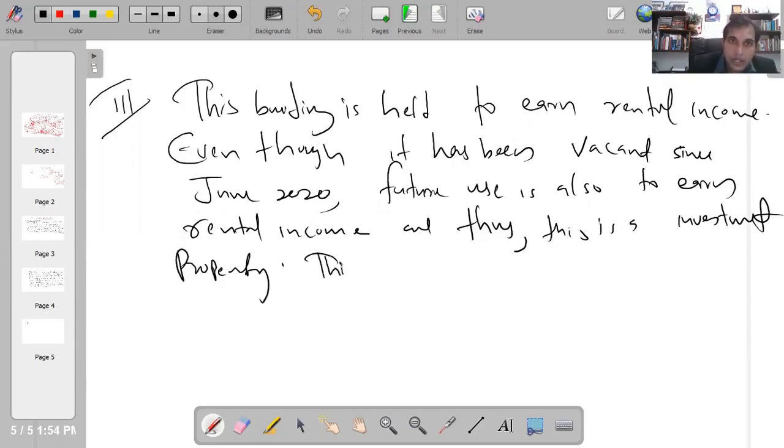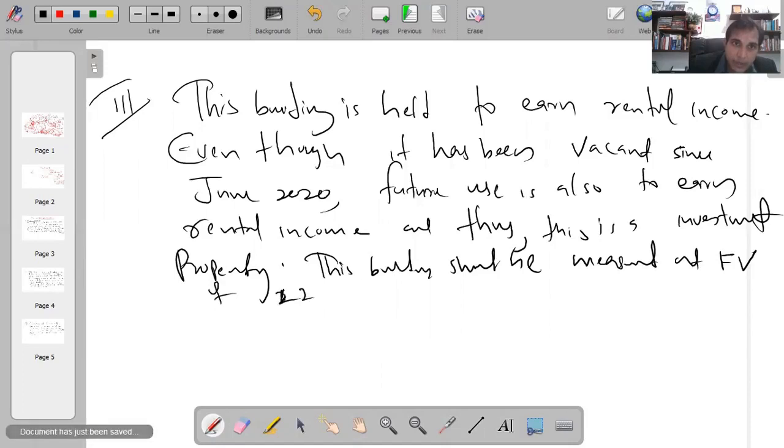This building should be recognized or measured at fair value. This building should be measured at fair value of 22 million rupees as at 30th June 2020.